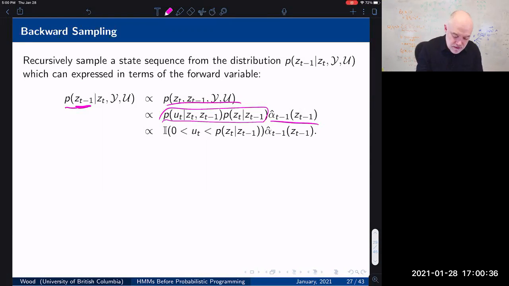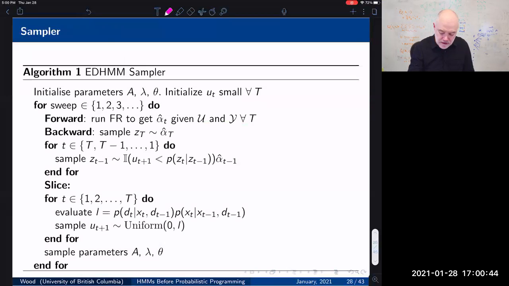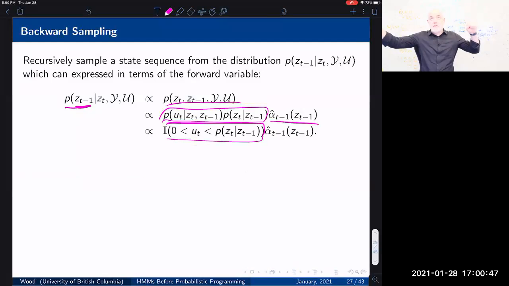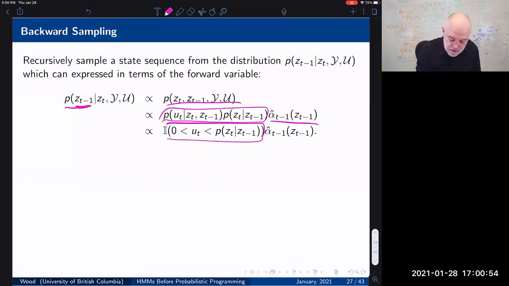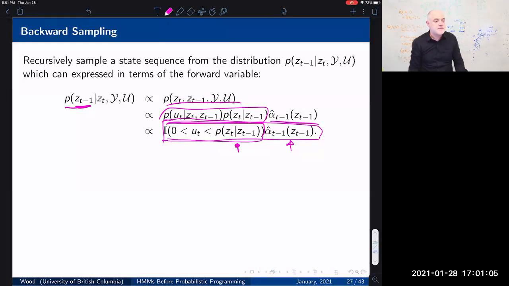So, at the end of the day, we can run an algorithm to compute a marginal distribution of the last state and then sample backwards according to this backwards chaining recursion, where we use the forward messages in the first place. And we only ever have to consider sampling Z_{t-1}s that lie above the slice, so we never actually have to enumerate.